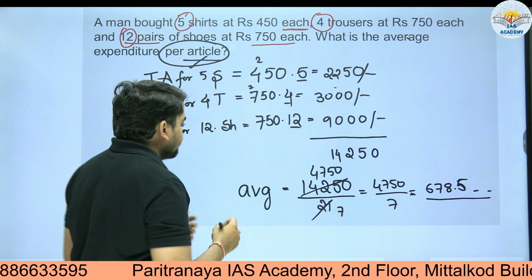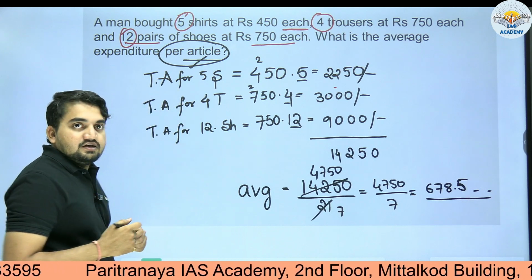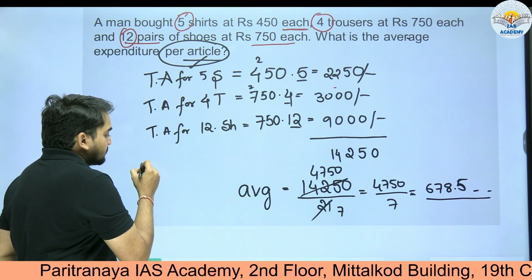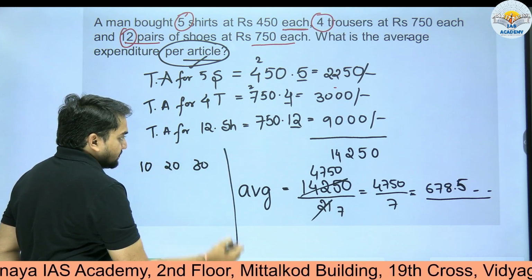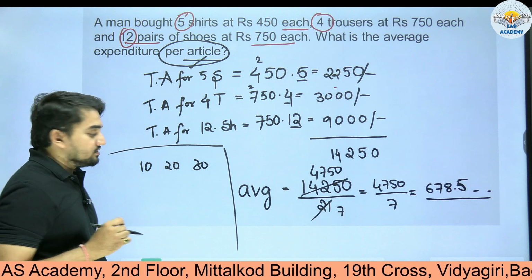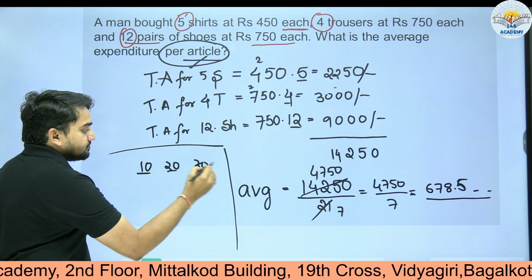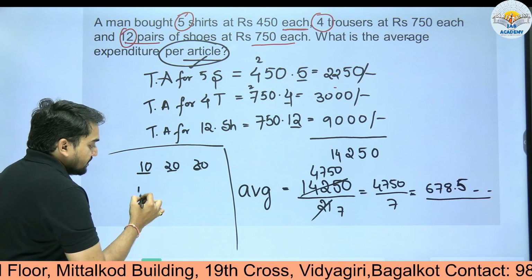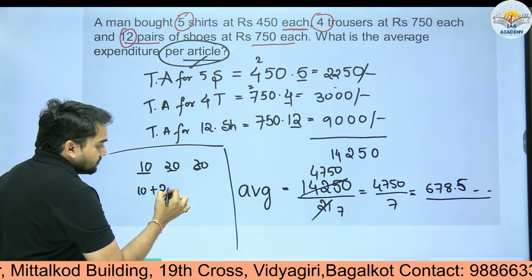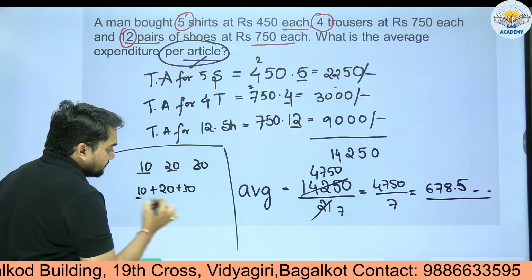For example, to give you a hint, if they have taken 3 articles at costs 10, 20 and 30, to find the average per article we would take 10 plus 20 plus 30 divided by 3.